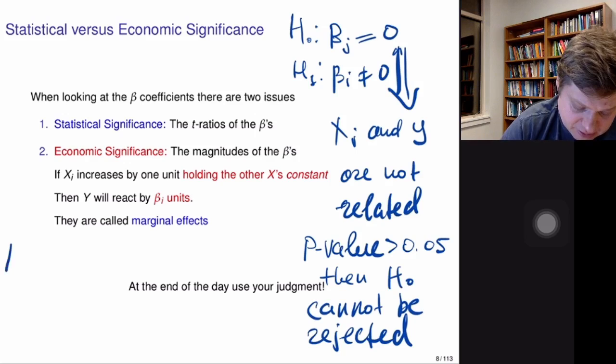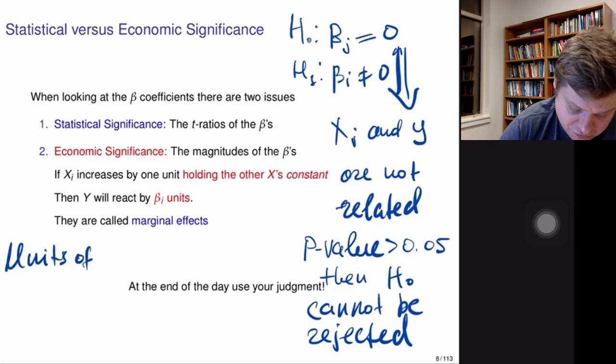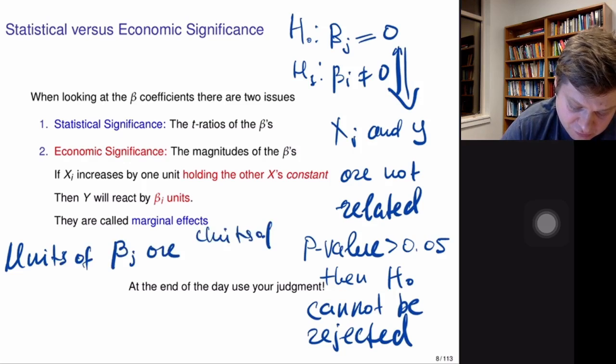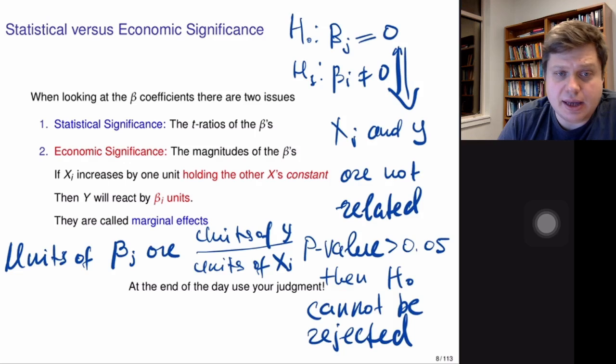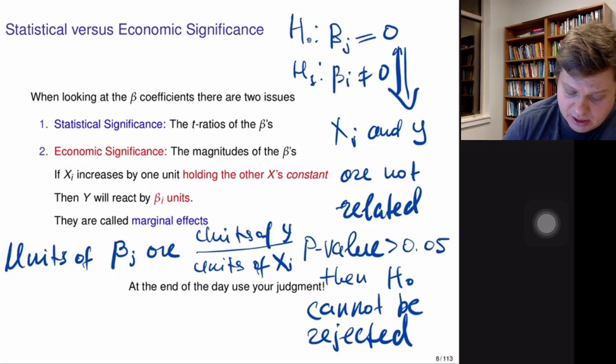Here is the same thing. Units of beta j are units of y divided by the units of the jth predictor, xj. And so beta j tells us by how much y changes on an additive scale if xj changes by 1 unit.